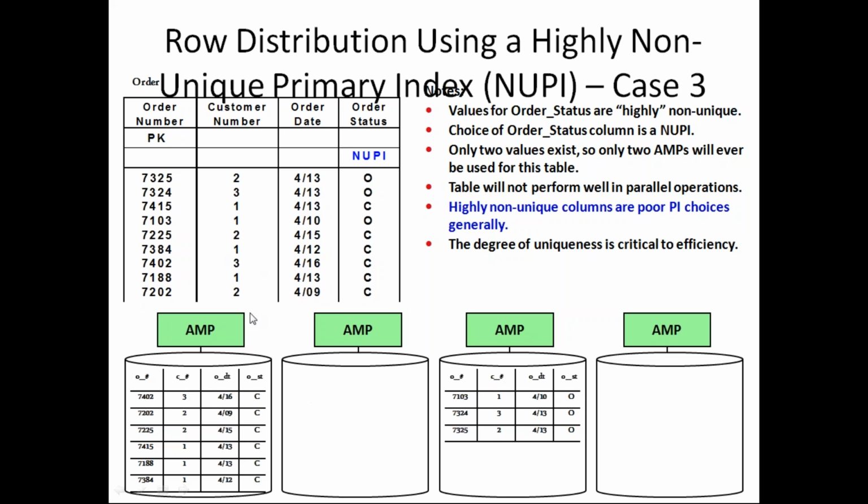If any query is executed on this table, this amp would work more and these 2 amps won't have any work to do. So the workload cannot be distributed evenly if the data is skewed across the amps. So we have to carefully choose the primary index, otherwise we will end up with performance penalties.